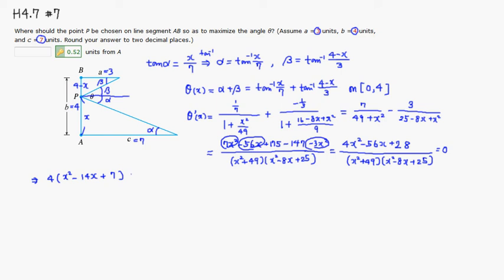We set that equal to 0, and dividing through by 4 is just a constant, so we just have to solve this quadratic equation.